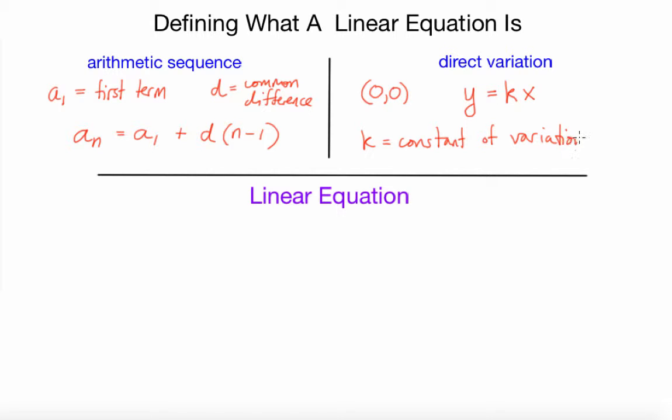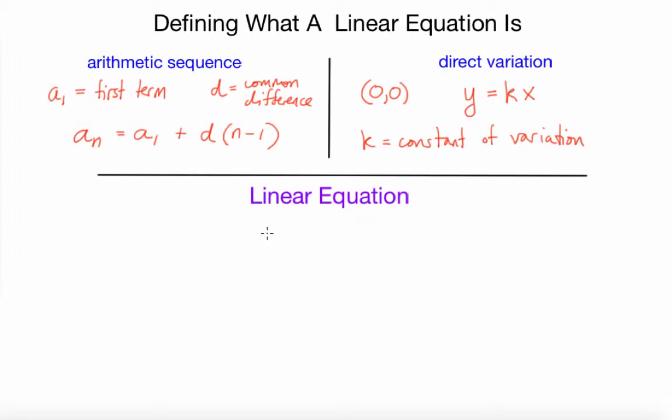We looked at graphs that were lines, we looked at tables, and we talked about the relationship between x and y. If we take both of these ideas together, an arithmetic sequence where we're adding the same thing over and over, and direct variation relating two variables x and y with a constant, we come up with linear equations.